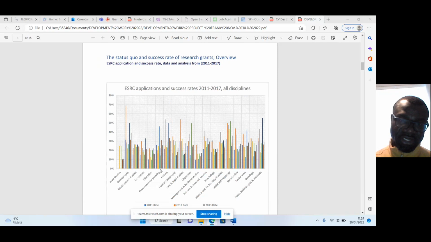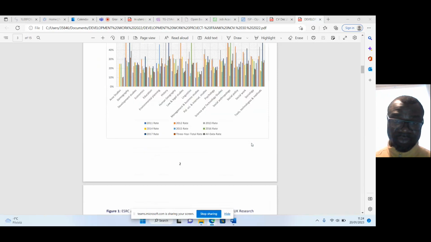When it comes to education, it's not quite impressive. When you come to development studies, not that high. Psychology, again, is low, and sociology, again, is low. And so we could see that the rate varies between fields.